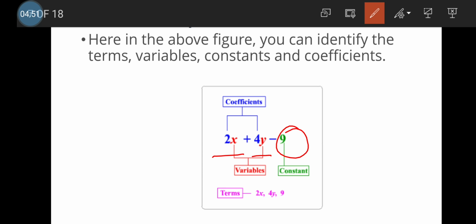A number multiplied to a variable is called a coefficient. Terms are a combination of constant and variable, like 2x, 4y, or simply a constant alone or a variable alone will also form a term.